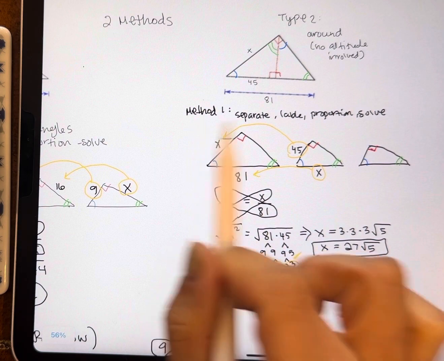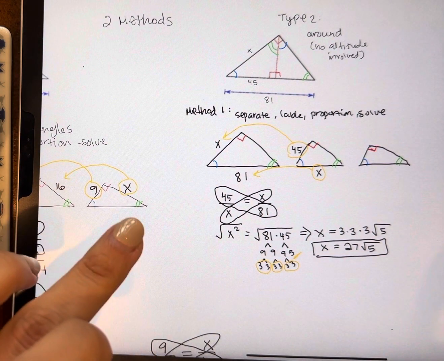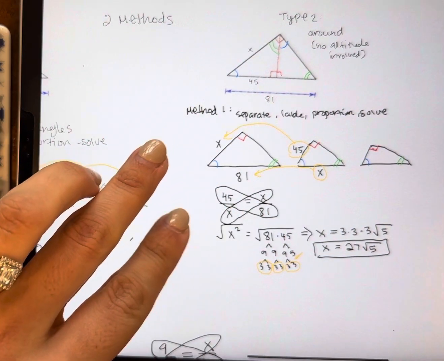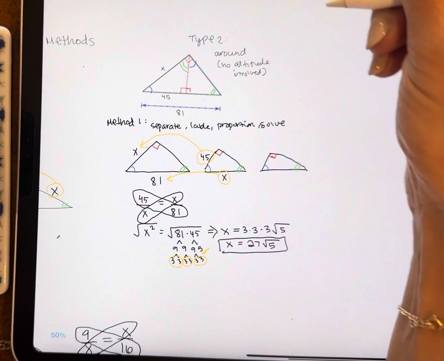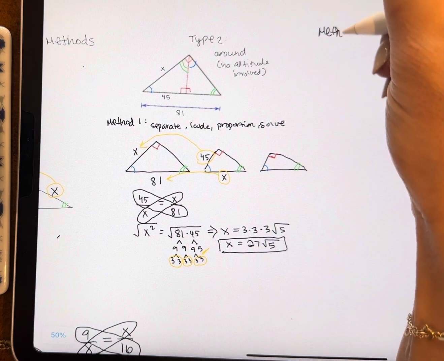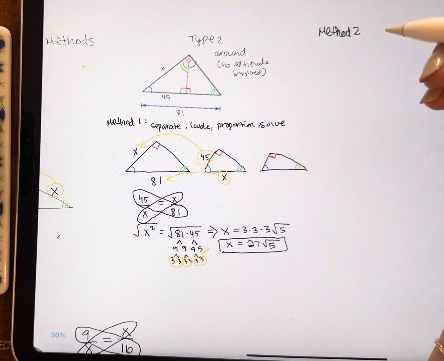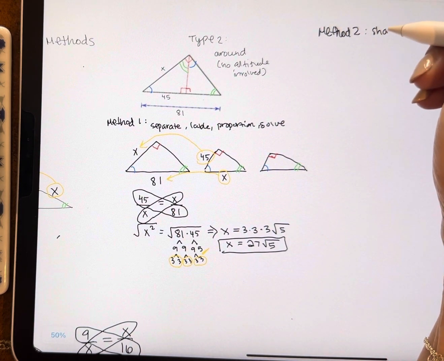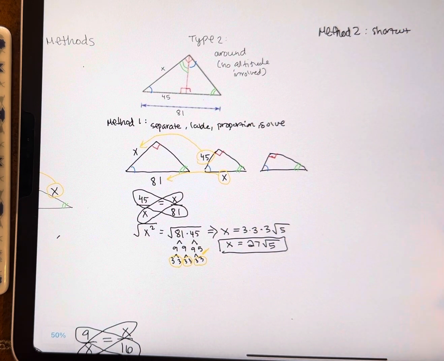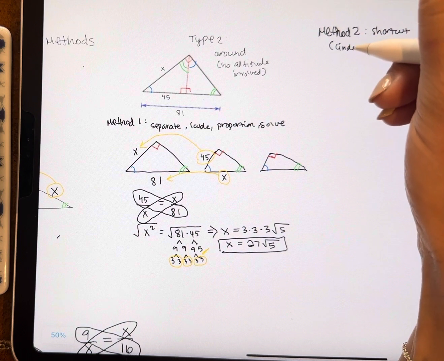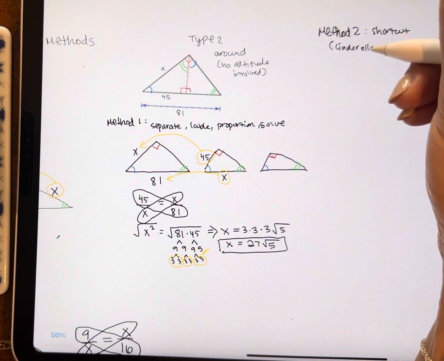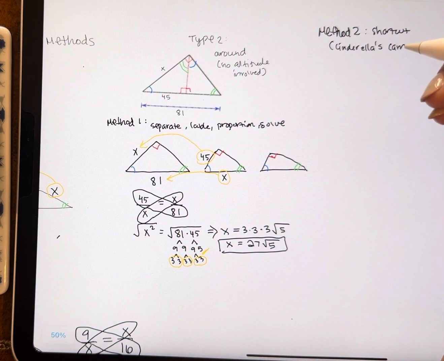All right, so that was us doing method 1. Now let me show you the shortcut method for this. All right, this is method 2. I call this the shortcut way, and the name I have for this one is Cinderella's carriage, because that's what it looks like to me.